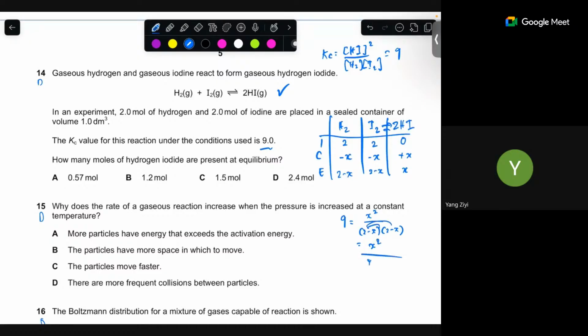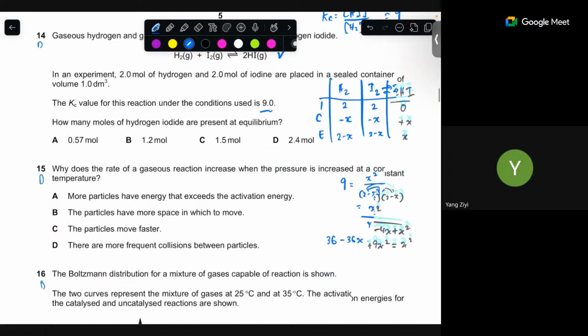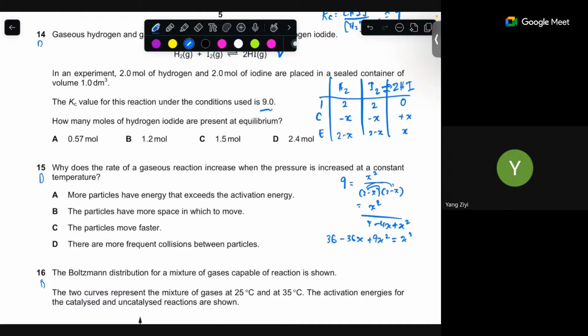4 minus 4X plus X squared. It's going to be 36 minus 36X plus 9X squared equals X squared. So this one will be 8X squared minus 36X plus 36 equals 0.